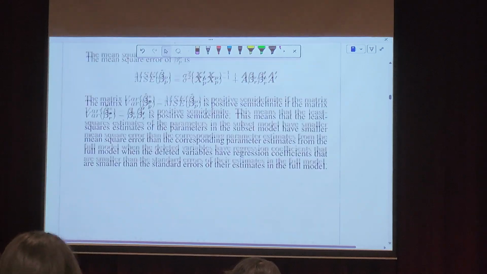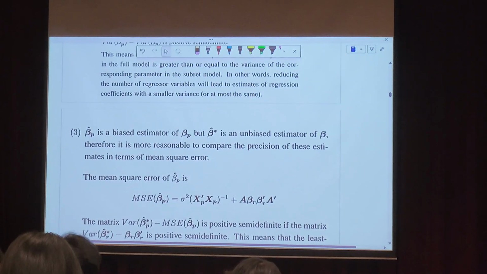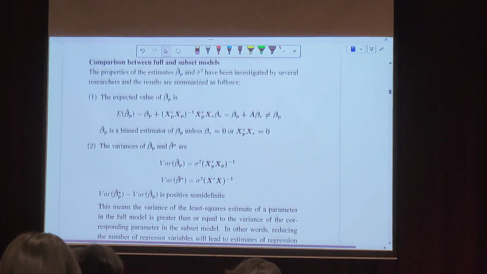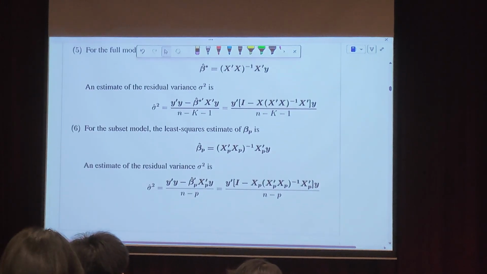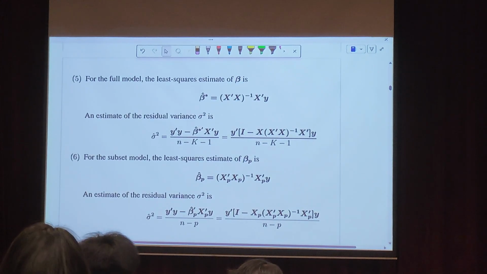These are all the theoretical properties concerning the full model and subset model. I do not want to get into any of this theory at all, so you're not responsible for it.